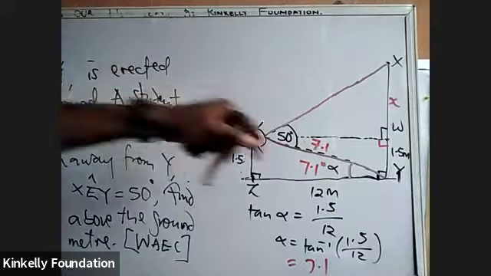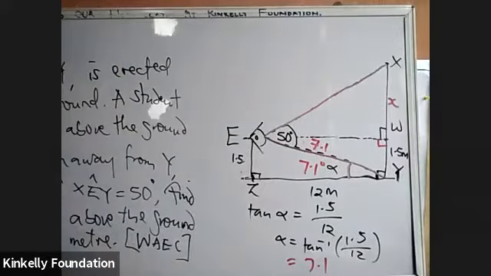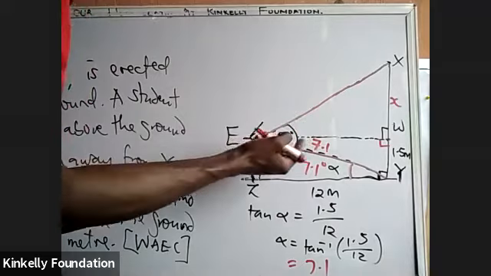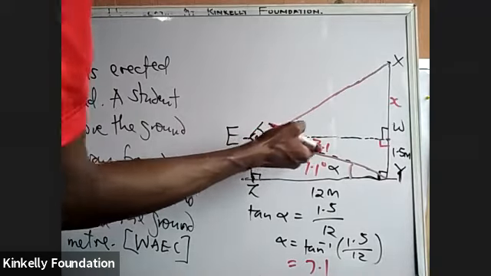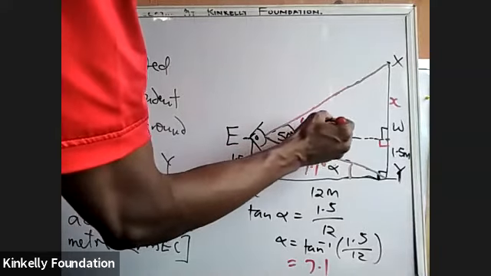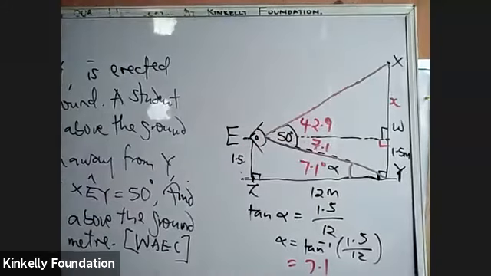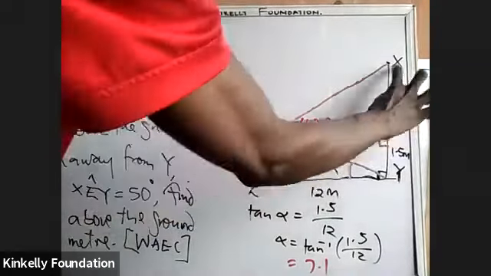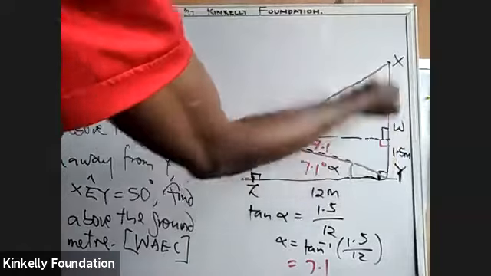If here is 7.1 degrees, we know that this plus this gives us 50. So we subtract this away from 50 to give us 42.9.